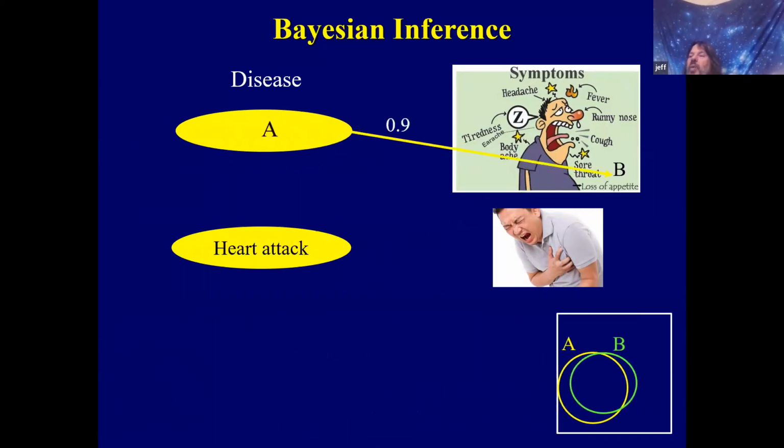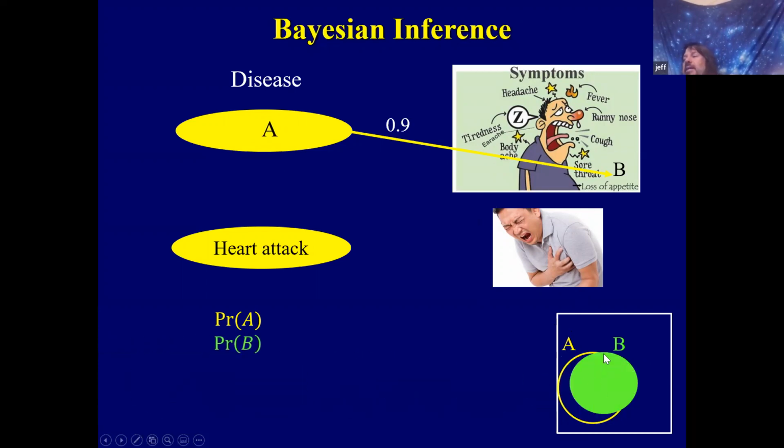And the way we do this is let this be a square of area 1, and I'm going to throw darts randomly in the square, and if it lands in the yellow circle, then A is true, meaning I have a common cold, and the probability of A is the area of this circle.